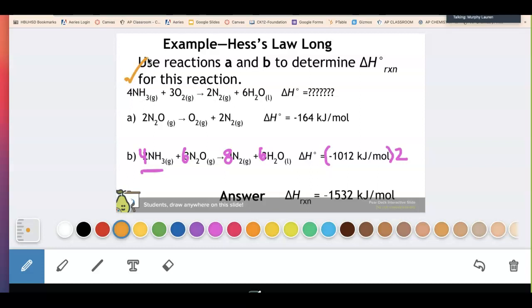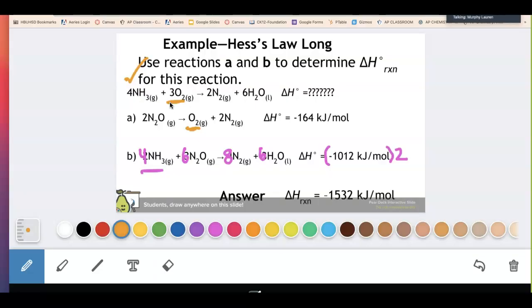Next, oxygen. So I go and I locate oxygen, and it's only in one spot. It's right here. So I have two problems. The first problem is the oxygen in this reaction is a reactant. And in reaction A, where I know its delta H, it's not a reactant, it's a product. So I need it to be a reactant. The way I make it a reactant is I flip the equation backwards. So now what does that mean? Everything that was a reactant is now a product, and everything that was a product is now a reactant.